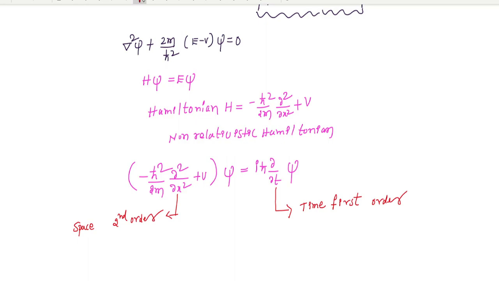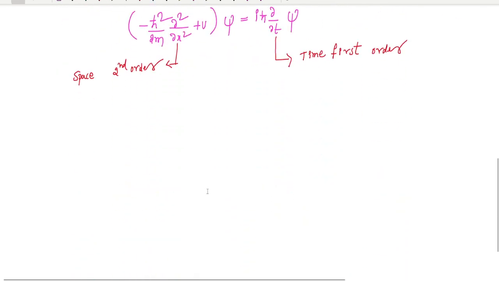Second suggestion, try to find both space and time coordinate in the first order equation.